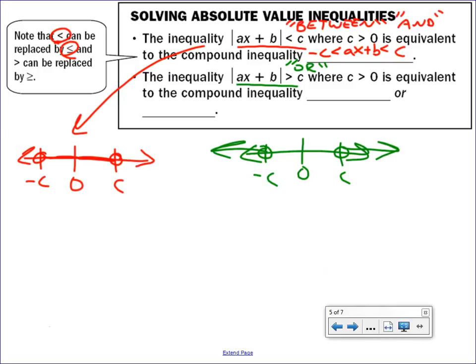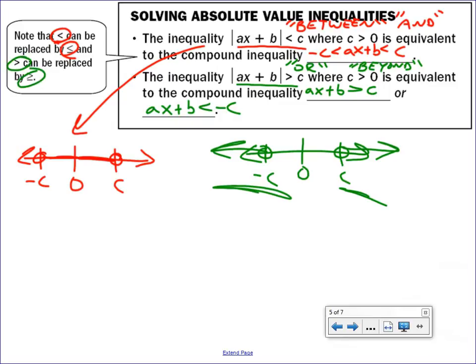And the or we also referred to as a beyond situation. And we know in that beyond situation, it's either greater than c, so ax plus b is greater than c, or if we're looking at this half, whatever the absolute value was less than the opposite of c. Okay? Same thing, the greater than, greater or equal to, there's no effect. Those can be replaced just as easily.